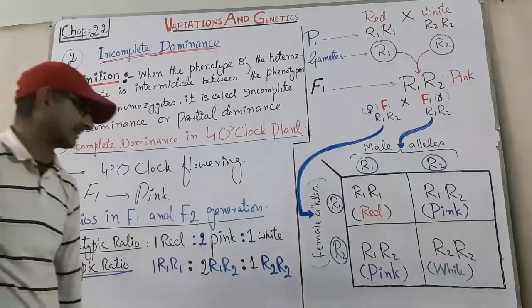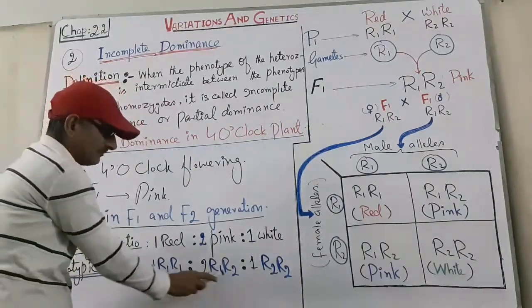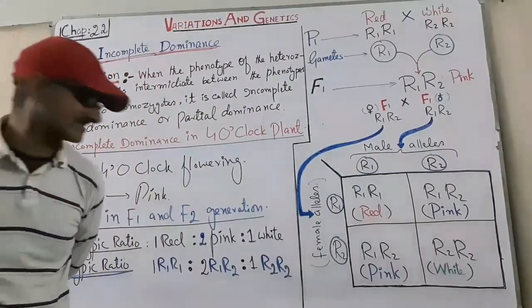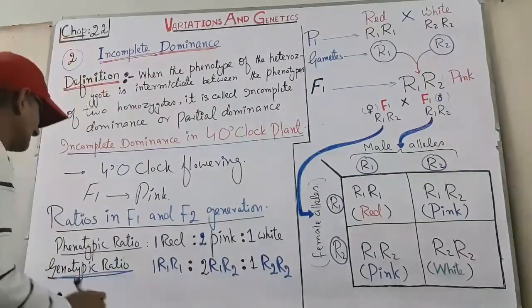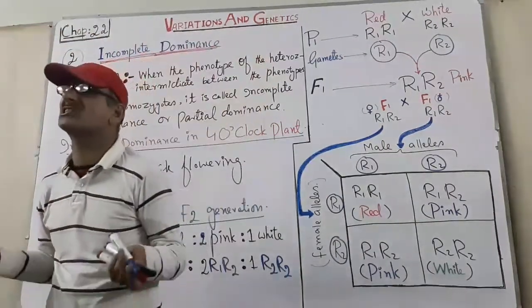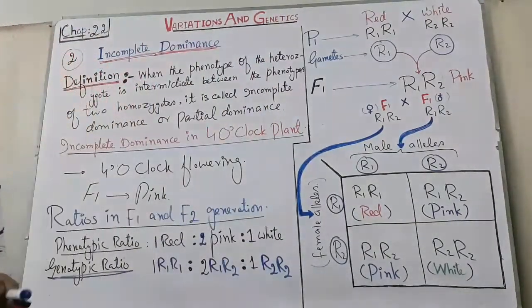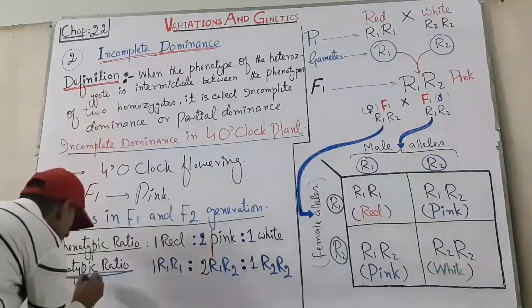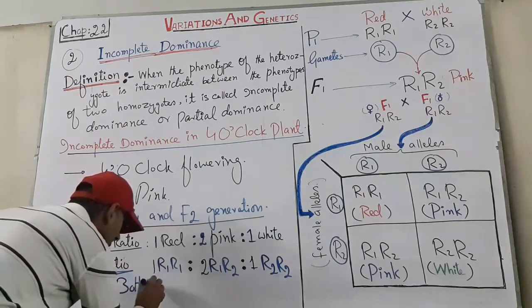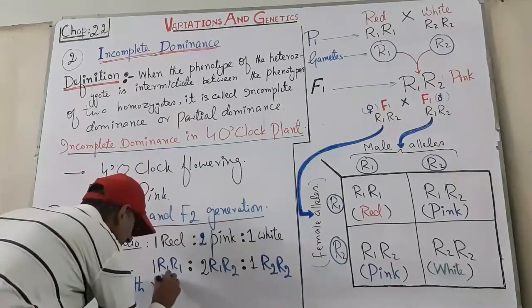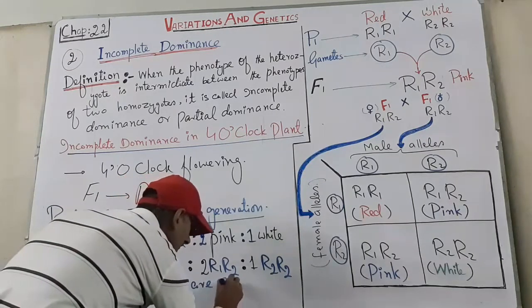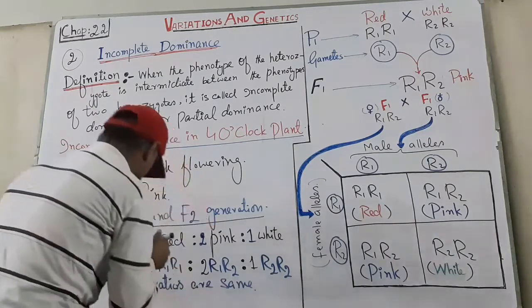These are the genotypes of the red, pink and white flowered plants. We see in this case the genotypic ratio and the phenotypic ratio are the same, which is 1 to 2 to 1. And so both ratios are the same.